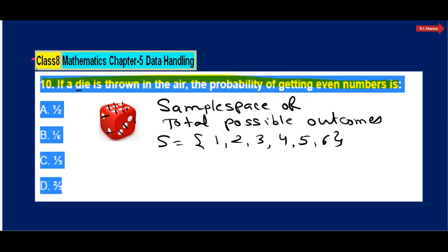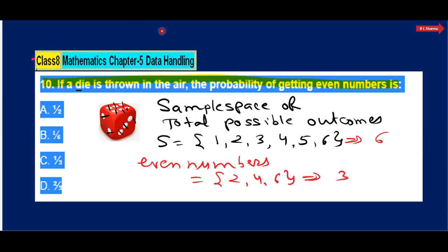And now even numbers are, on counting, 2, 4, 6. These are 3. So what is the probability?